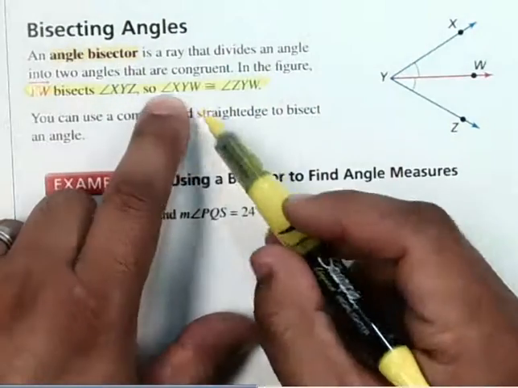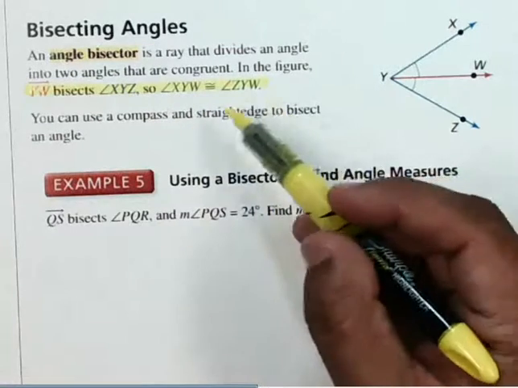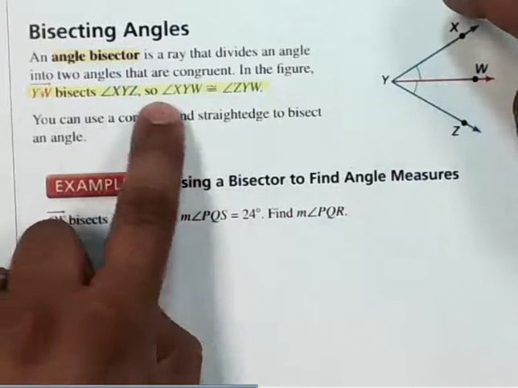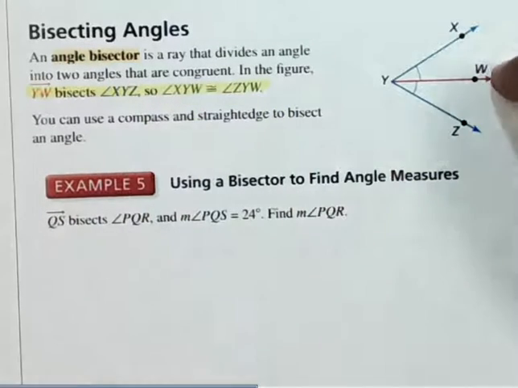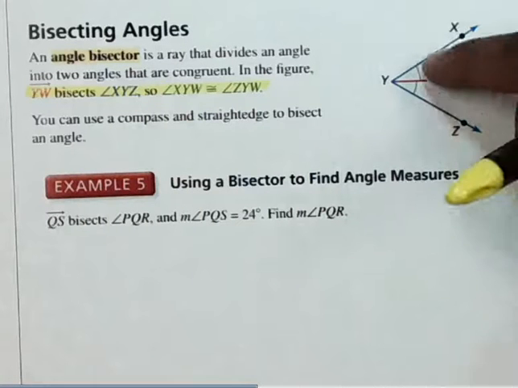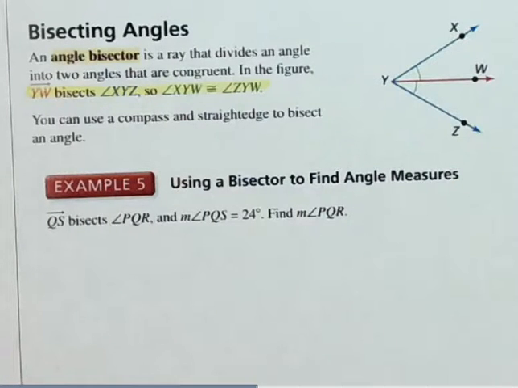So that means angle XYW is congruent to angle ZYW. This is probably the common way that you'll see this given to you. So you're supposed to interpret that for this drawing, and notice the tick marks here that show you these two smaller angles have the same angle measure.